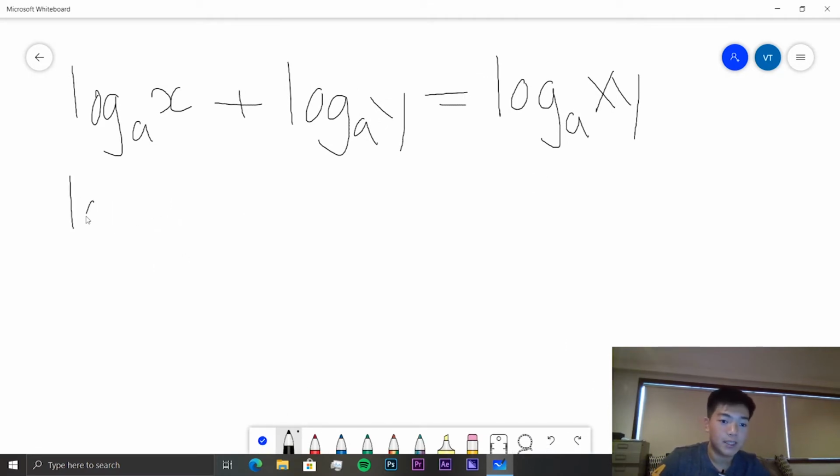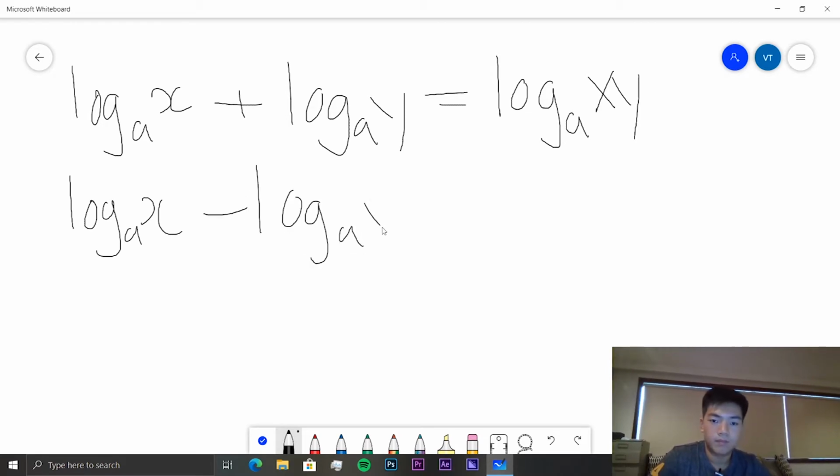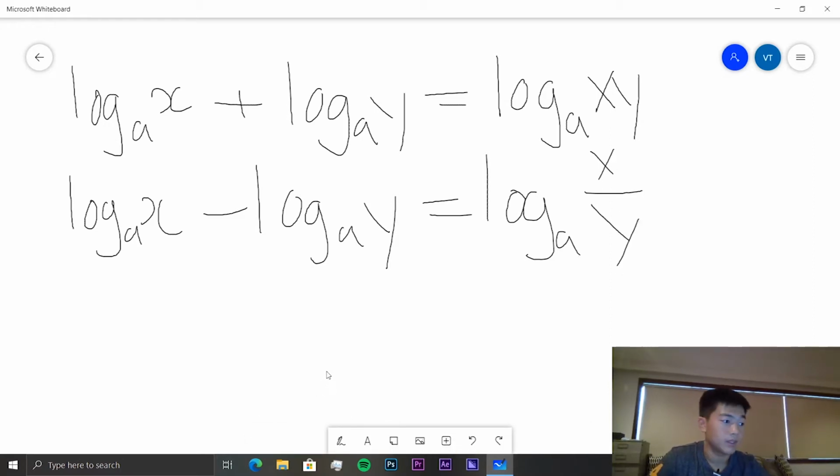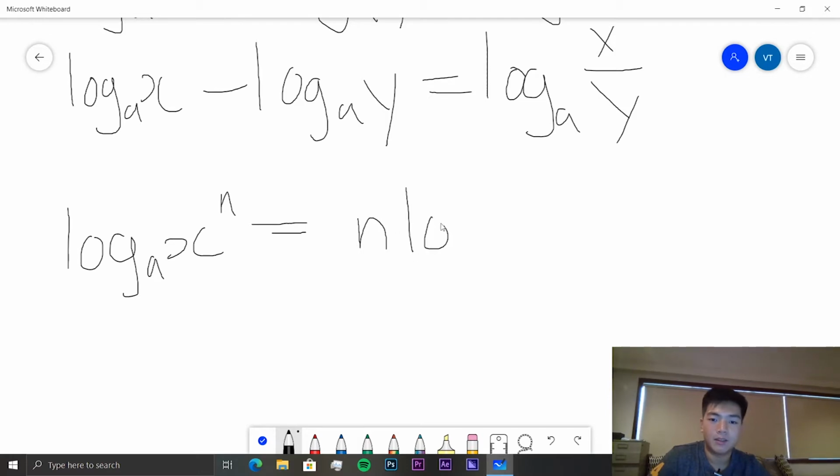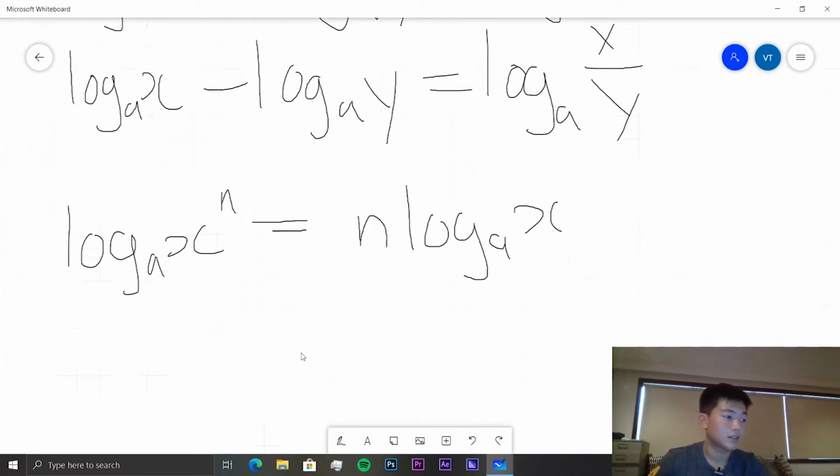If we're subtracting them, then it's equal to dividing the parts inside. Next, if we're raising something inside a logarithm to a power, this is equivalent to multiplying the logarithm by that number, since it's like raising a power to a power.